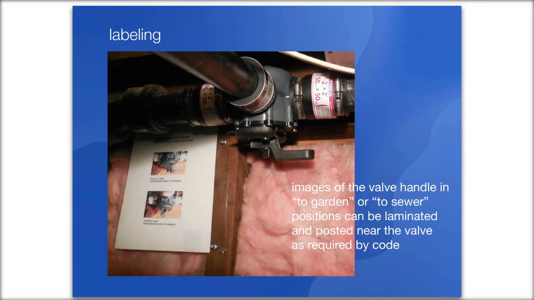It's easiest to just indicate that when the valve handle is pointed one way, it directs it to one place, and when it's pointed the other way, it directs it to the other place. So this is just showing it's nice to have images like that and then to get it laminated so that if it's in a dusty or damp location, it's not going to deteriorate.